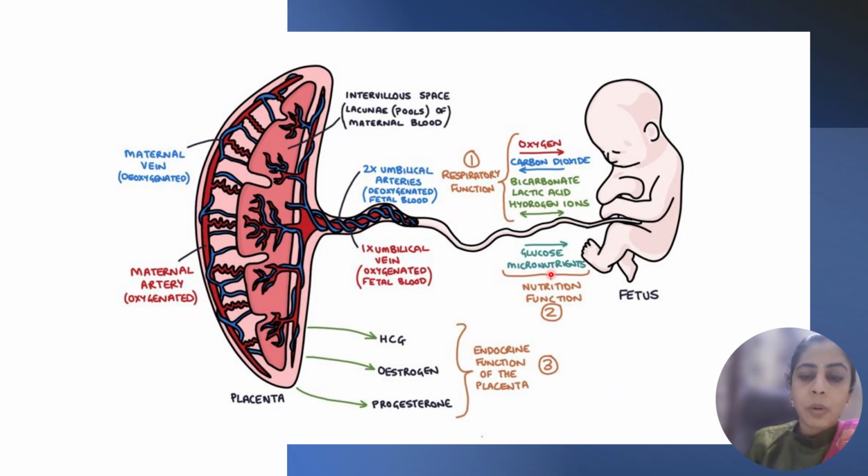It acts as a barrier, though if the person is smoking, drinking alcohol, or has other infections, the placenta will be providing protective function to the fetus by not letting certain bacteria enter the fetus. So this is about the functions of the placenta.